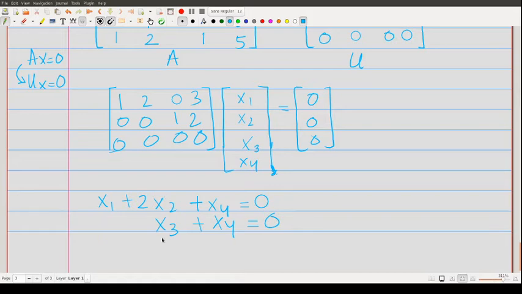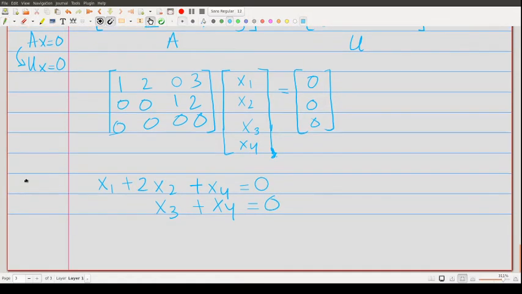So you have two equations, and now you can pick x4 and x2 to be free. The way we pick these two is we check the ones that we won't pick are the ones which have a leading 1. This has a leading 1, and this has a leading 1. This one does not have a leading 1, and this one does not have any leading 1.